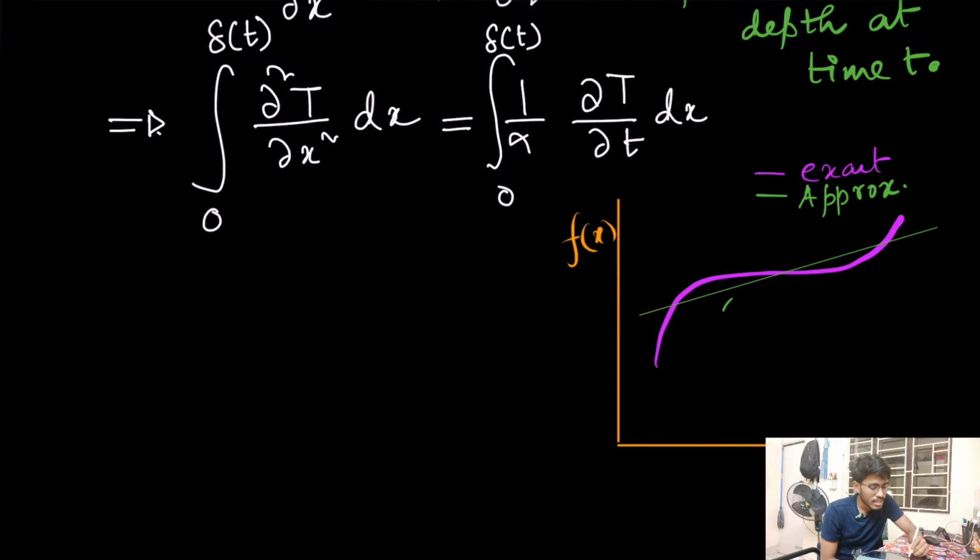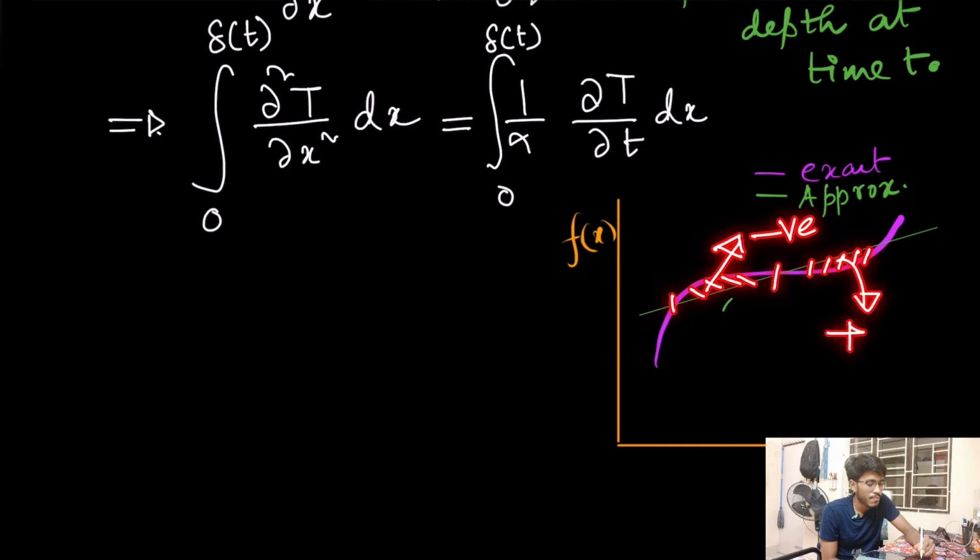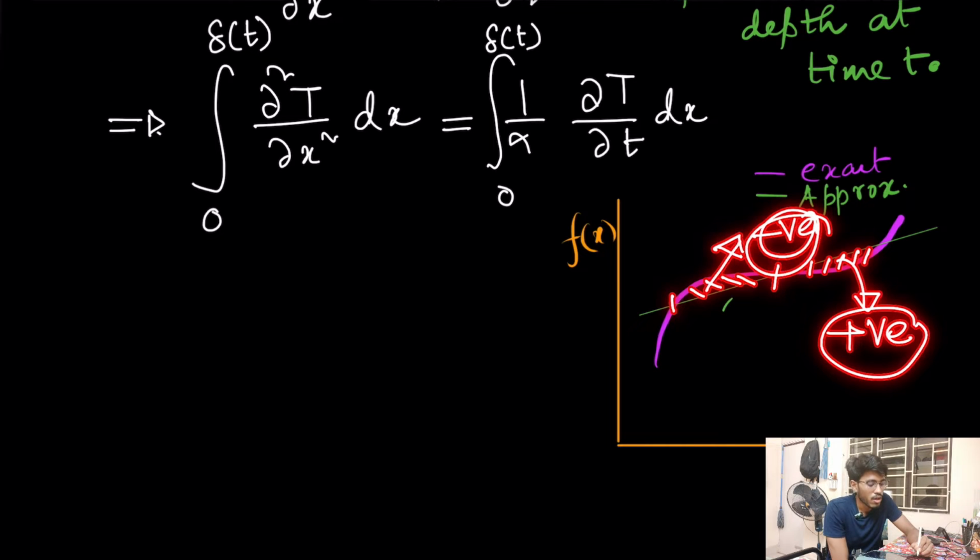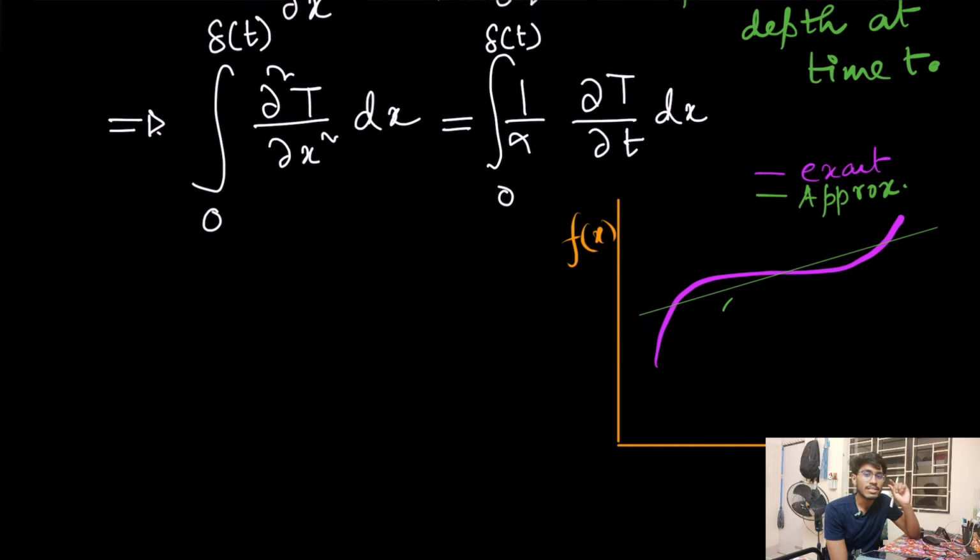Because from this point to this point I have this much extra negative area, but at this position I have this much extra positive area. So this negative area will cancel out this positive area. That is why integration always minimizes the error, and that is why we are integrating. Clear?